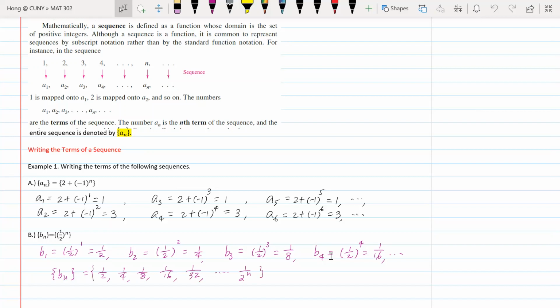You will find b sub 2 divided by b sub 1 equals 1/2. B sub 3 divided by b sub 2 equals 1/2. So basically, for consecutive terms, the quotient of b sub n plus 1 divided by b sub n equals 1/2.